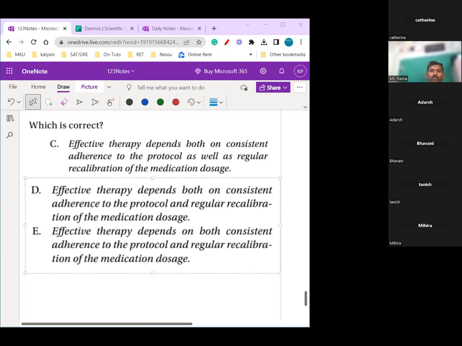Right. So let's look at each sentence up here, so that way we can get an idea which one could be the best answer.